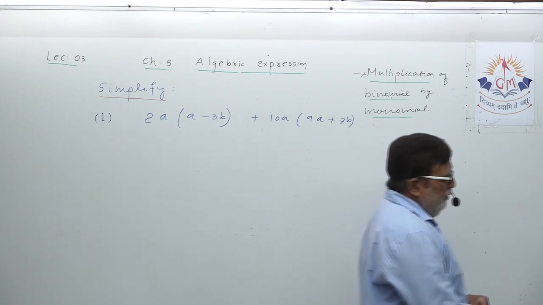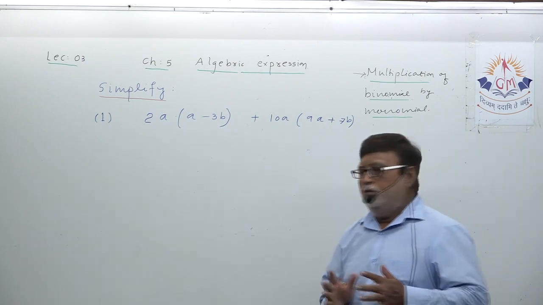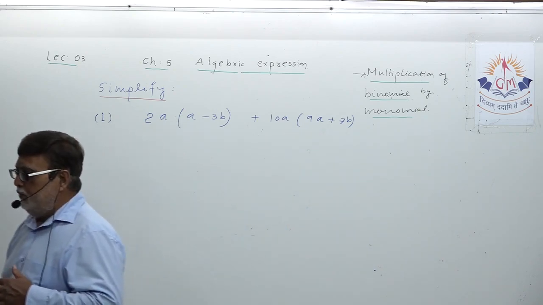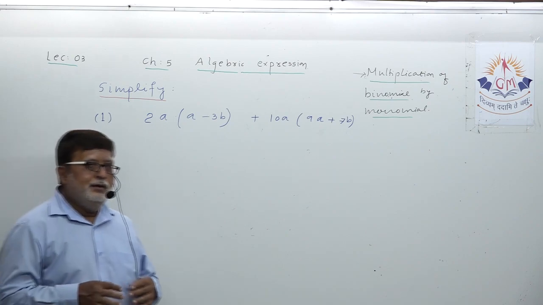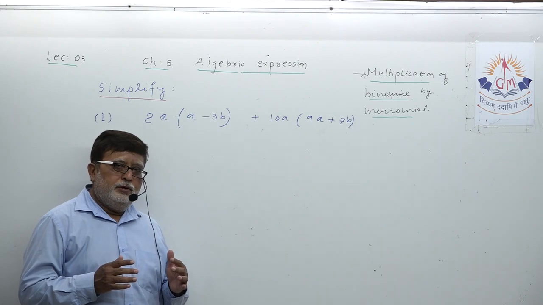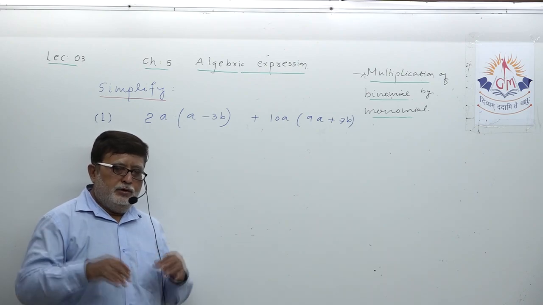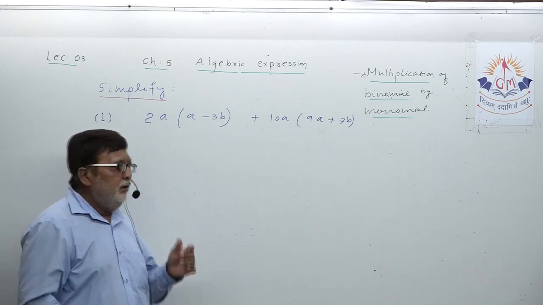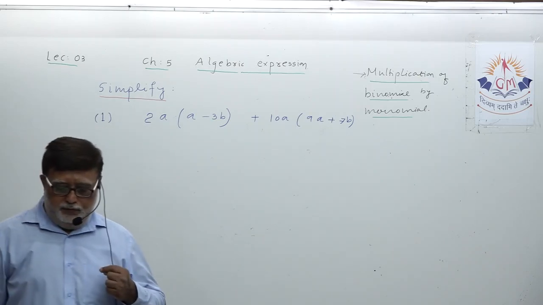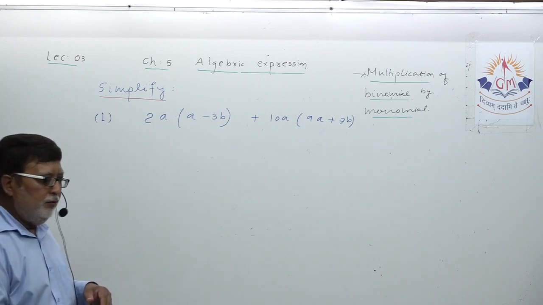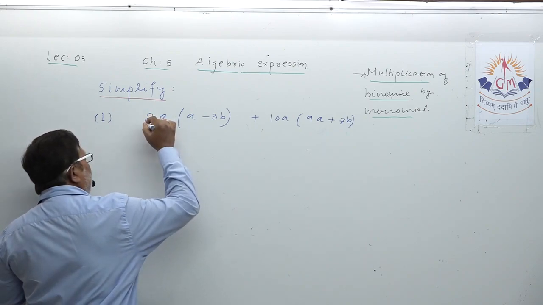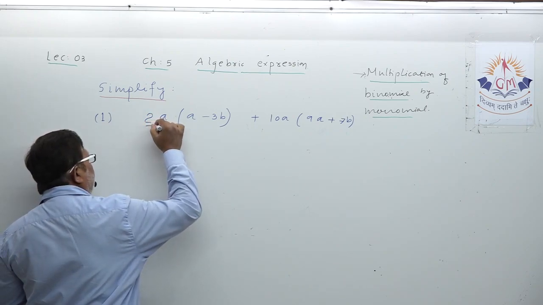Before I start, you just try yourself to verify what type of example this is, because the topic which we are continuing is multiplication of binomial by monomial, that you all know very well, but here the example is a little different, but if you are watchful you can understand. See, dear student, I am underlining this first.